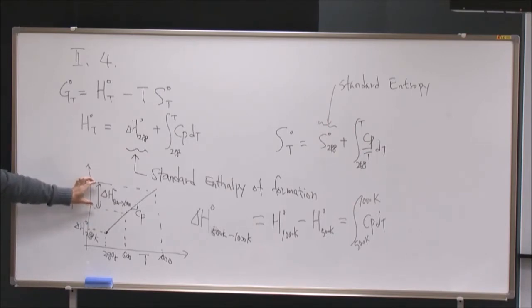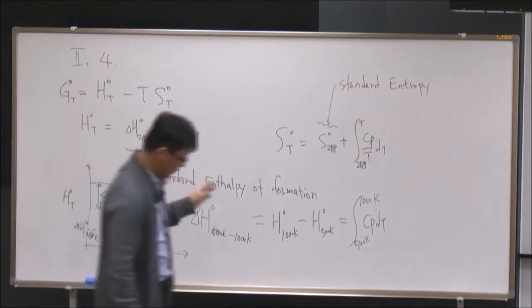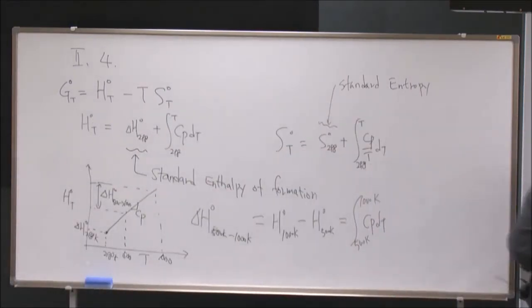Now, if you apply this to another case, when you have a phase transformation. Let's assume this is temperature, this is H at a given temperature of the material, and let's assume I have a phase transformation.